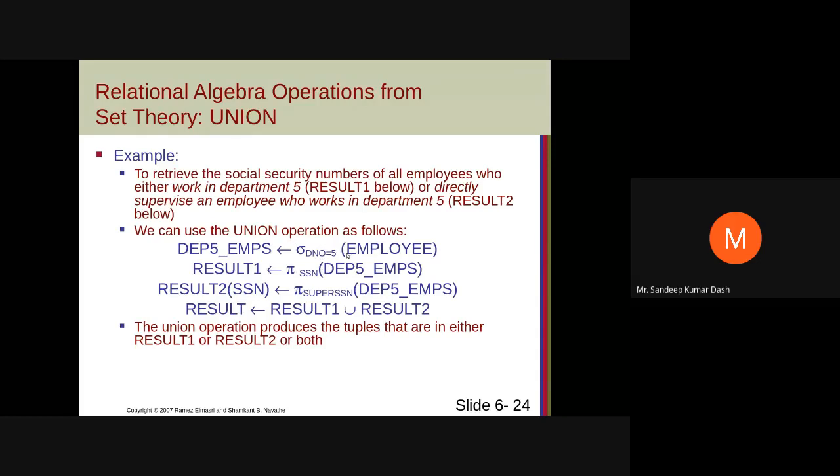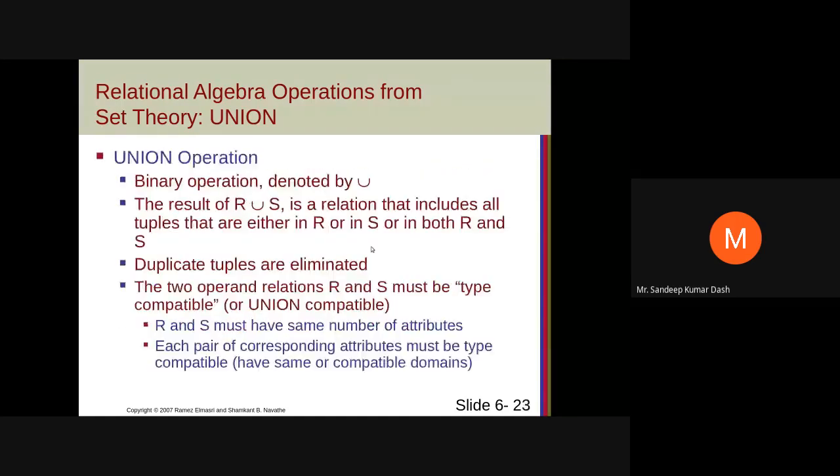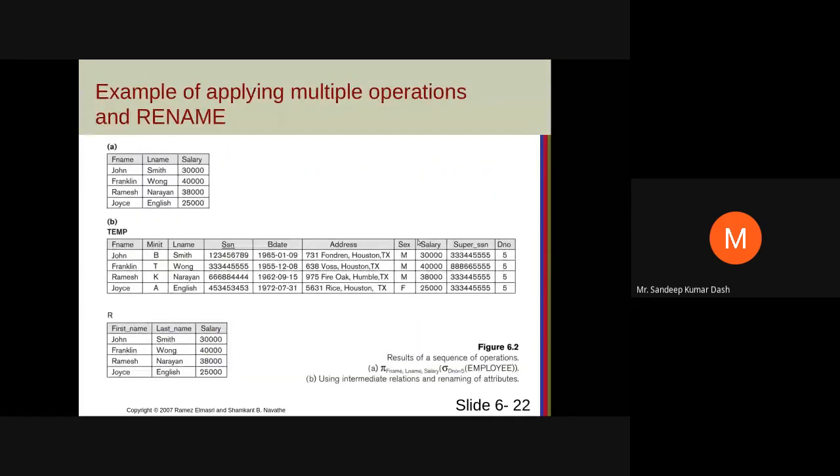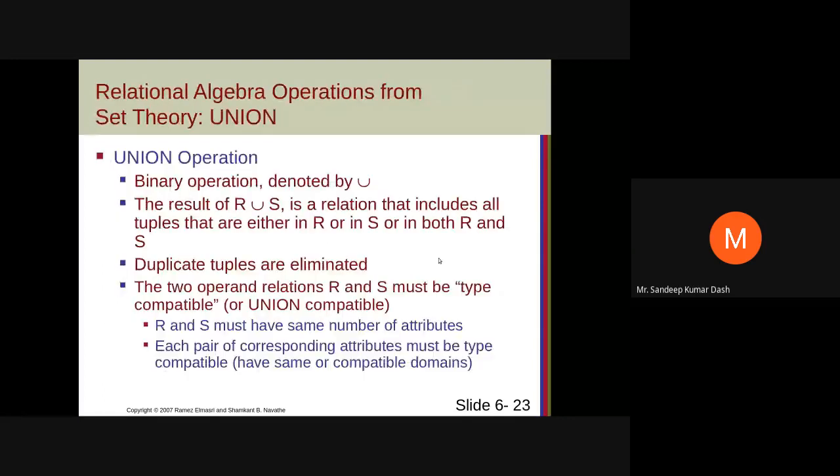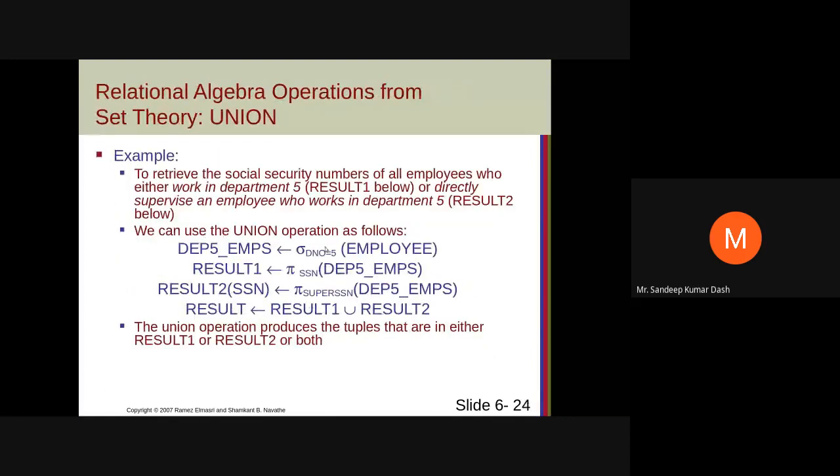It says select all those rows where department number equals to 5 from the employee table. Okay, so in this particular table I have how many columns? All the columns that are there in employee, yes or no? That means 1 2 3 4 5 6 7 8 9 10, 10 columns. This will have 10 columns. Department number 5 are there only in 4 rows. So this particular table will be having 4 rows and 10 columns.